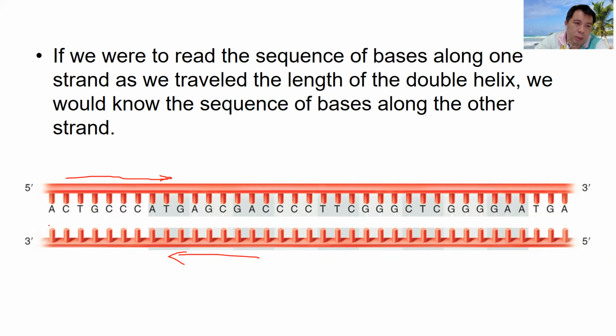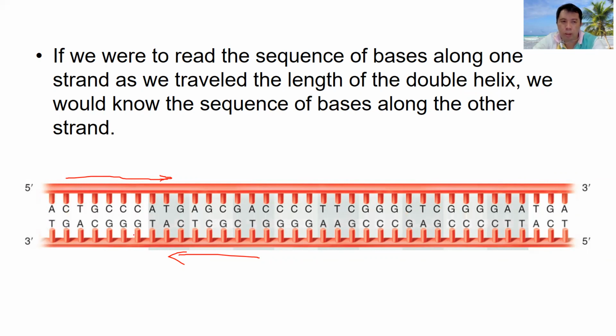Here A always base pairs with T, and then C with G, T with A, and so on. So this one has 2 hydrogen bonds, this one 3, 2, 3, 3, 3, and so on. So the DNA double strand is anti-parallel, and the nitrogenous bases are always complementary to each other.